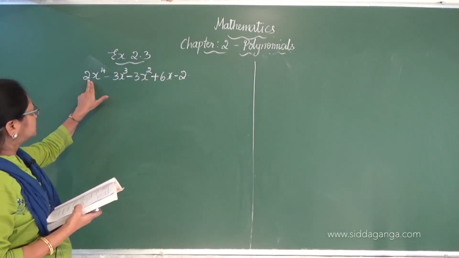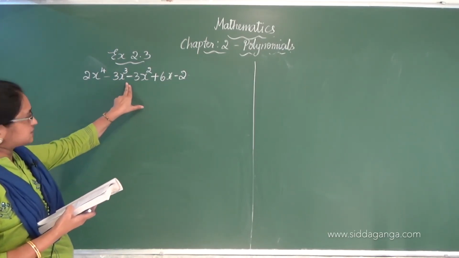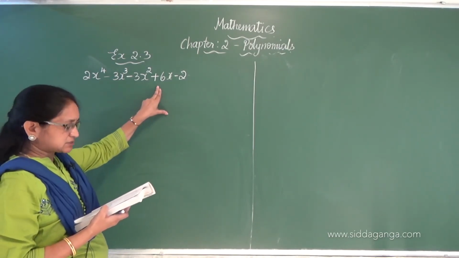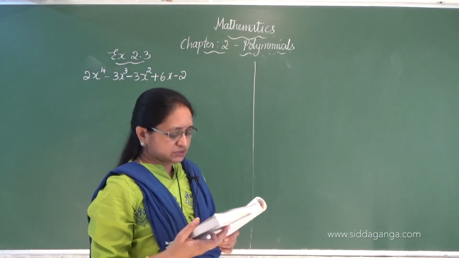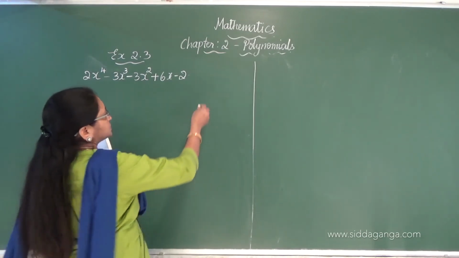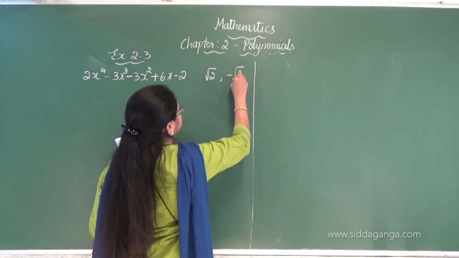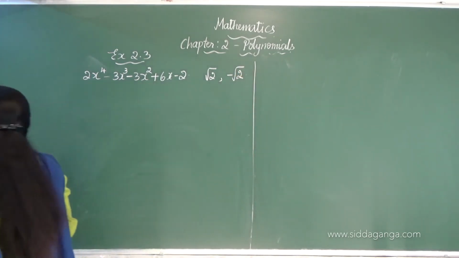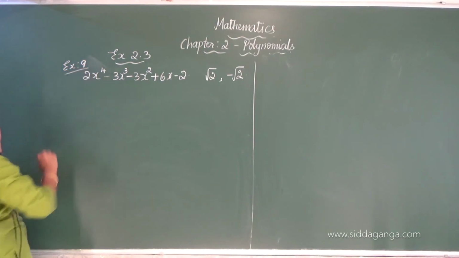So, here 2x to the power of 4 minus 3x cube minus 3x square plus 6x minus 2. If you know that 2 of the zeros they have given, that is root 2 and minus root 2, this is example 9 in your textbook.